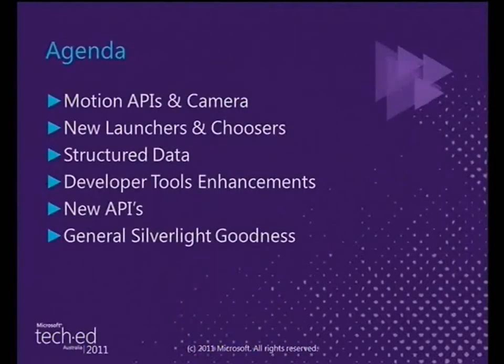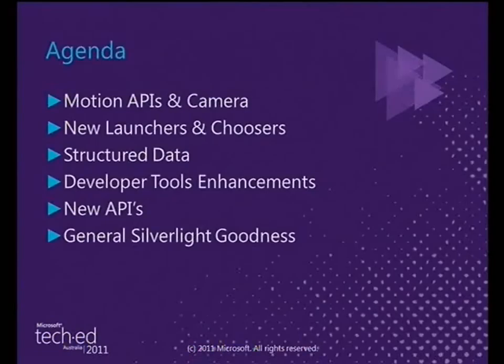So today what we're going to cover: the new motion APIs and camera access, launchers and choosers, so launchers and choosers to get access to contacts information, calendar, email, structured data. When we talk about structured data, it's linked to SQL and it's also linked to contacts and linked to appointments data. Developer tool enhancements.